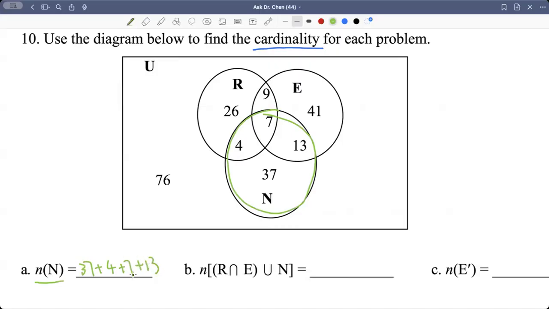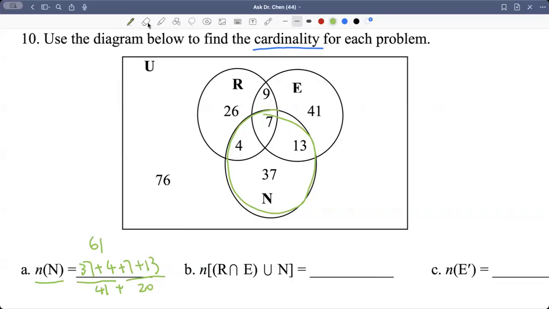So add 7 with 13, we get 20. Add 37 with 4, we get 41. 41 plus 20, so we get 61 in total. So the cardinality of N, 61, means we have 61 elements in N.